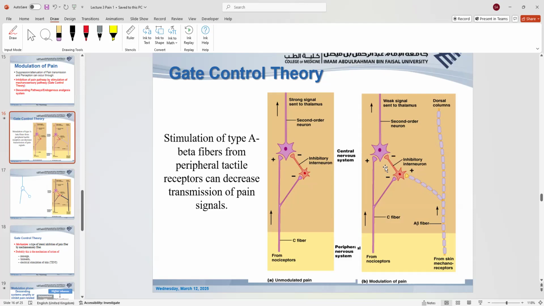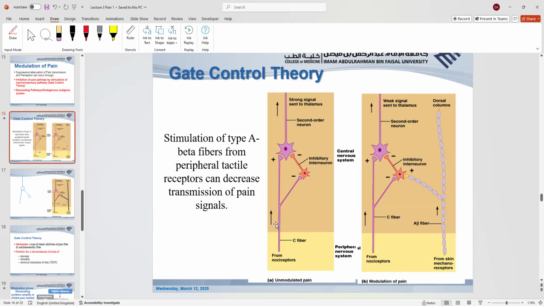And this interneuron, if you are on the left panel, please, is an inhibitory interneuron, which means that when this interneuron is activated, it will inhibit the second order neuron. So this is the function of this inhibitory interneuron. Under normal circumstances, what is happening?